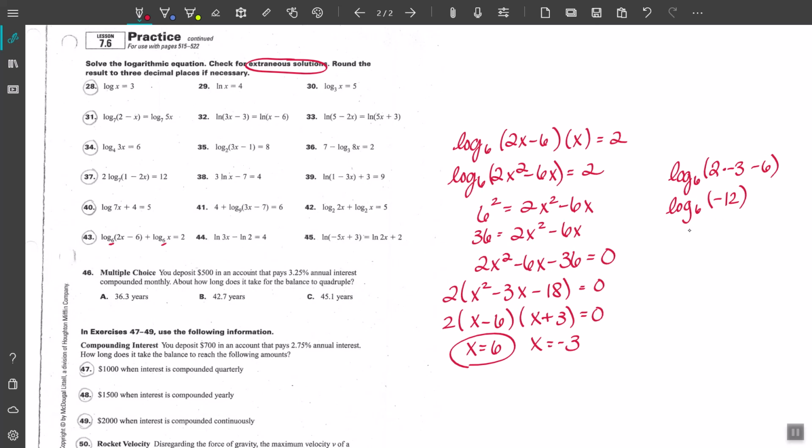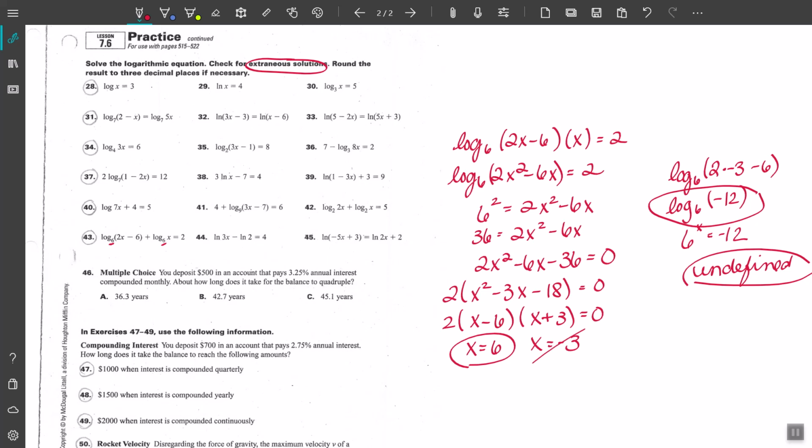Because if you think about it, what this means is 6 raised to some exponent gives me negative 12. Since there's not an exponent that we can raise 6 to give us negative 12, then when we have a logarithm like this, we say it's undefined. And so since it's undefined, then the solution itself becomes extraneous. So we would throw the negative 3 out and we would keep that 6.